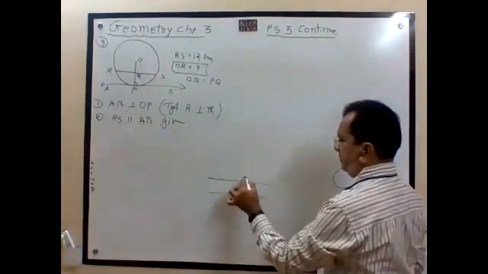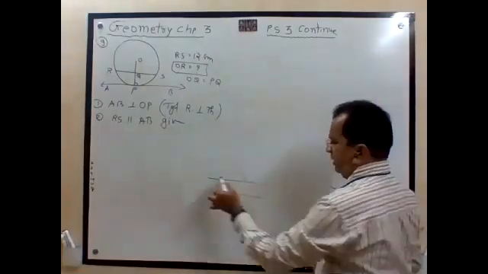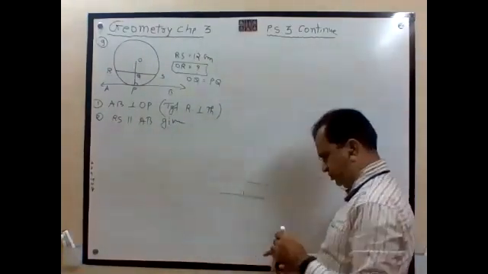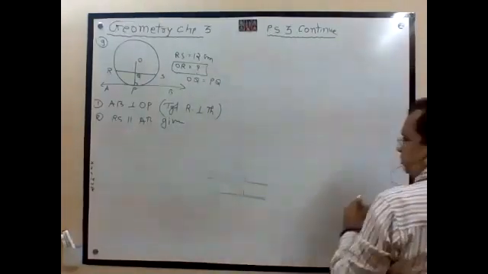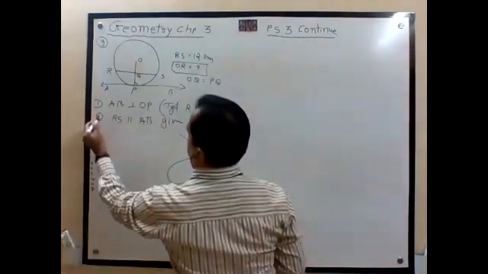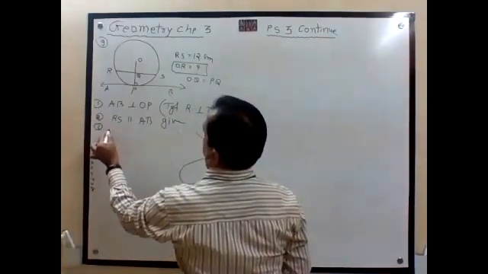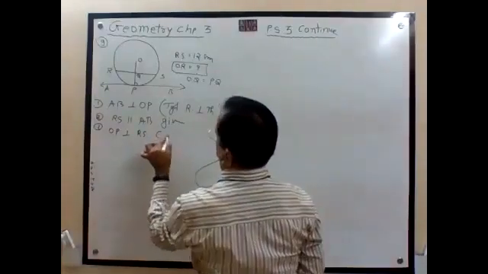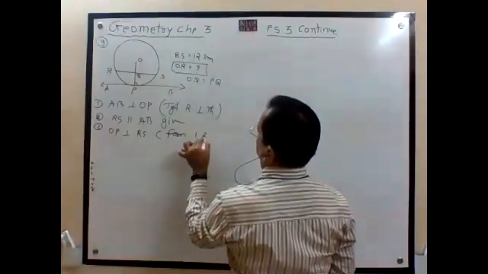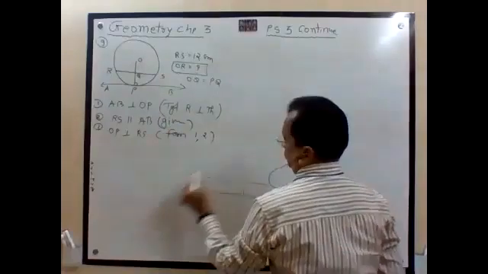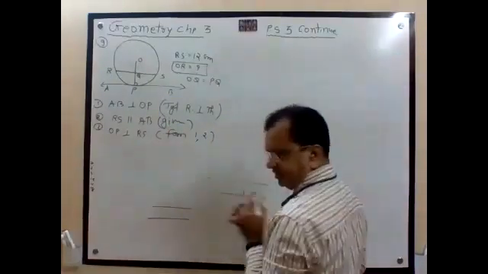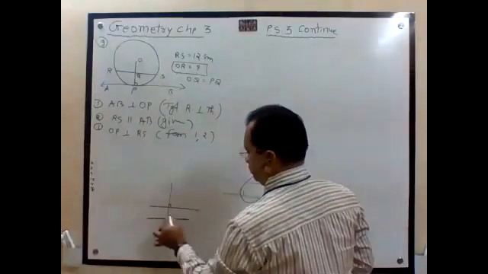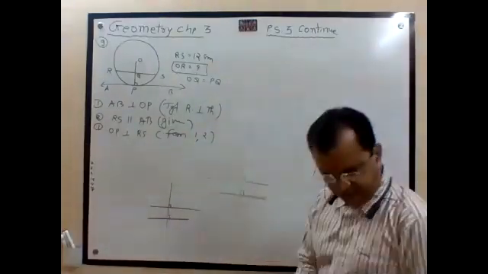If one line is perpendicular to this, and these are parallel, then this is perpendicular to this also. So as per that, OP is perpendicular to RS, from first and second. Two lines are there. This line is perpendicular to this, but both are parallel, so it is perpendicular to the next also.